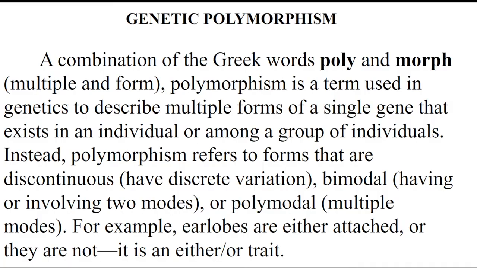Polymorphism refers to forms which are discontinuous, it can be bimodal or polymodal. For example, ear lobes are attached or not attached. So it is an alternative trait.